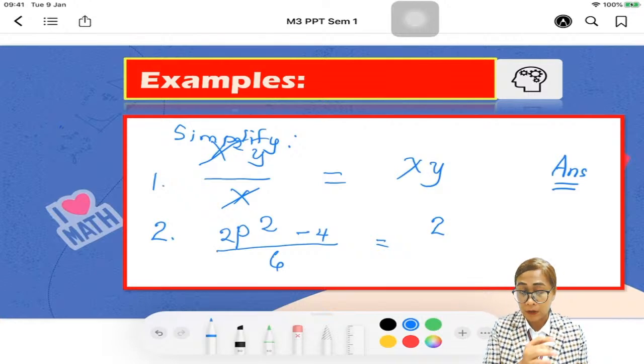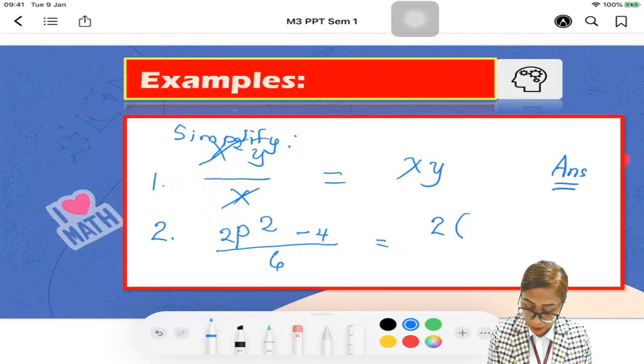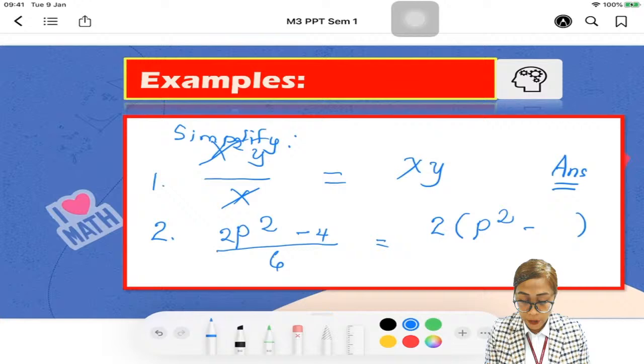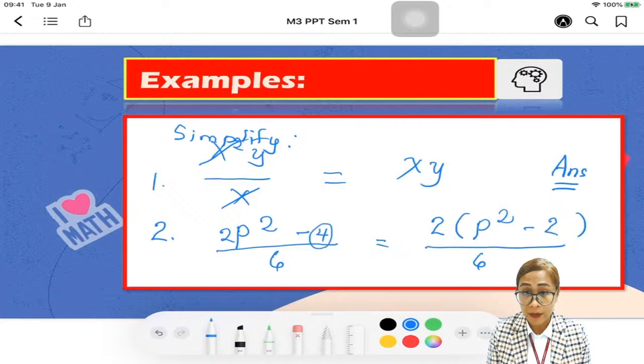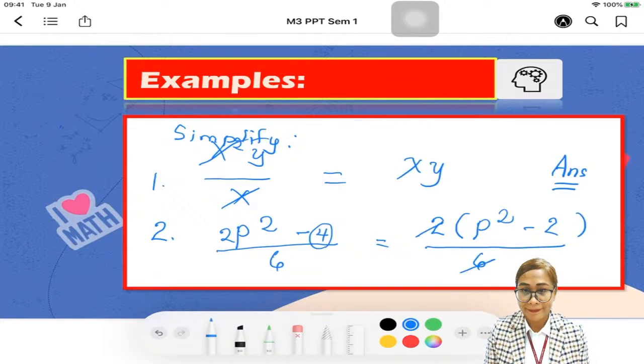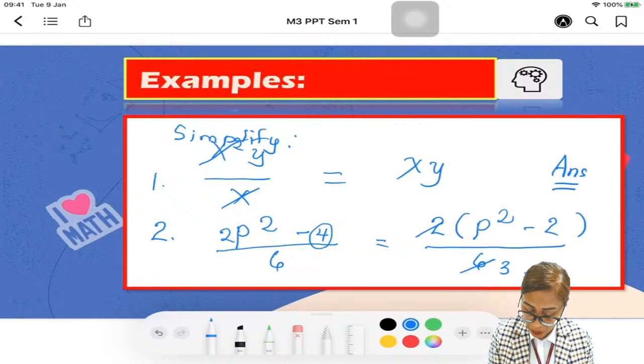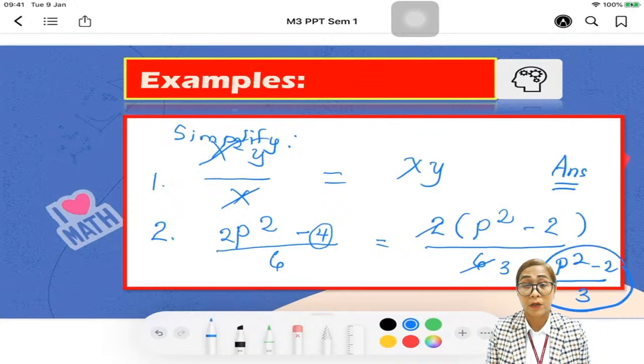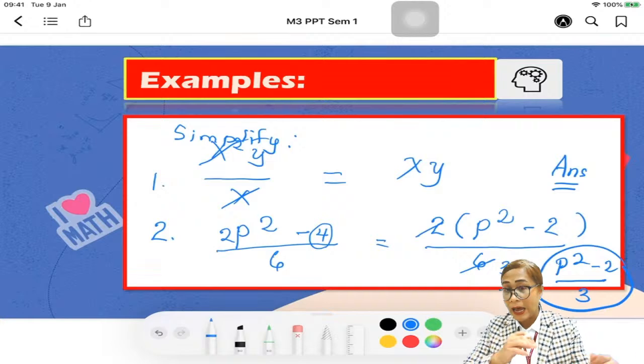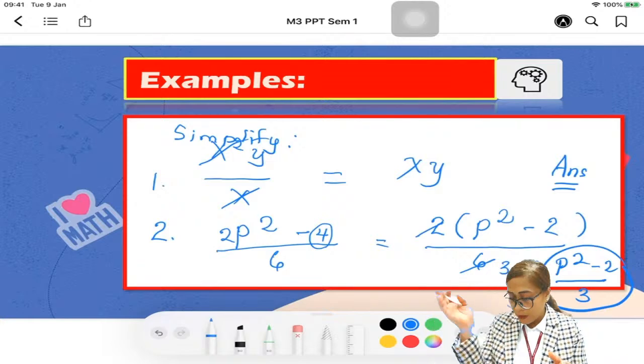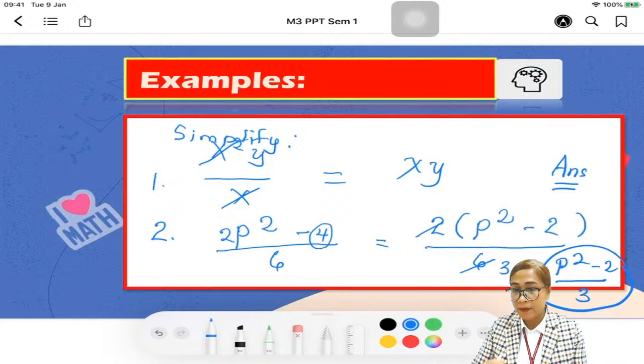Take it out, and then open and close parentheses. The answer would be p squared minus 2 all over 3. This is the answer. So we just take out the highest common factor, you simplify, and that's the answer.